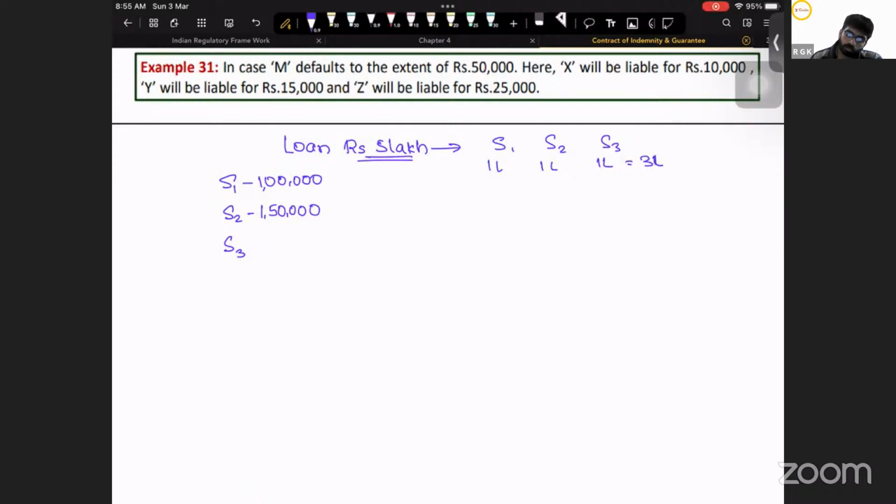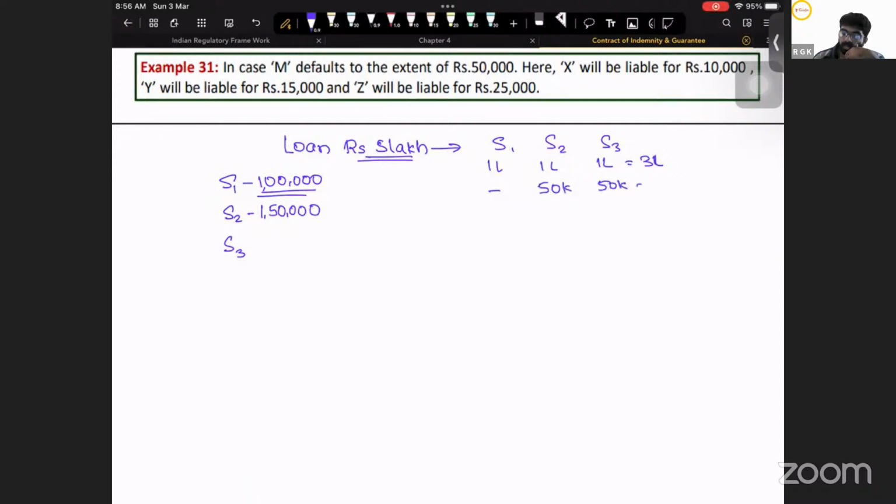Now balance 2 lakh. How to appropriate? In the balance 2 lakh, surety 1 is not going to contribute anything because he has limited his liability to 1 lakh. Surety 2, I cannot give him the entire 1 lakh, because his liability is limited only to the extent of 50,000. So first 50,000 rupees I'll appropriate between them, 50,000, 50,000.